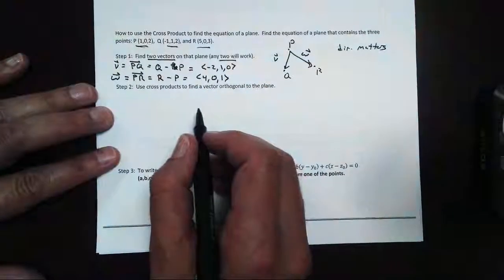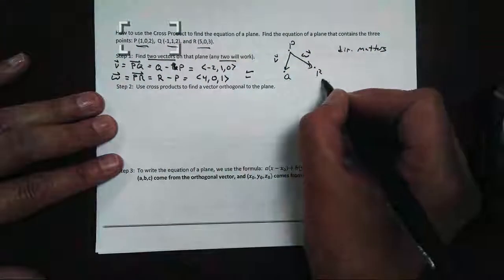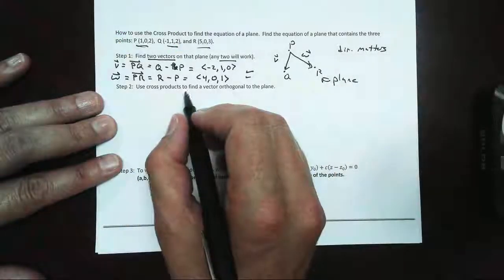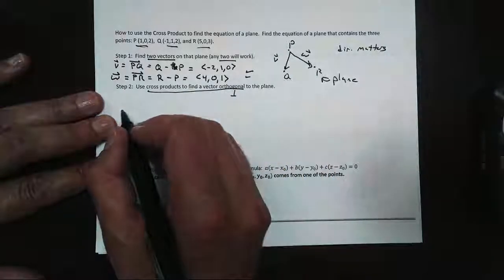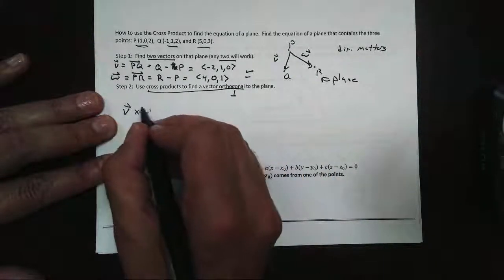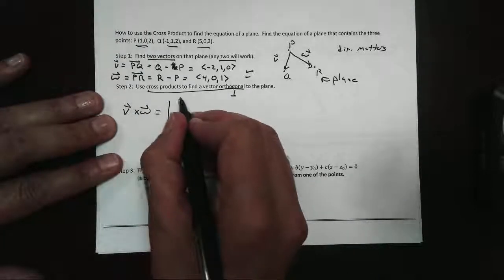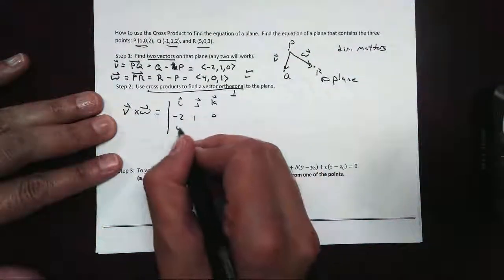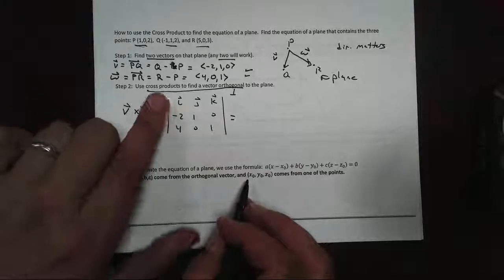Now the next thing we want, after you get your two vectors, remember this forms our plane. Next thing we have to do is use cross products to find the vector orthogonal. If we take V cross W, I would go i, j, k, negative 2, 1, 0, 4, 0, 1. I'm going to use the expansion by minors, cover the i's.